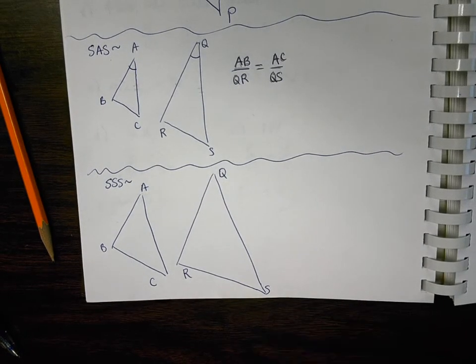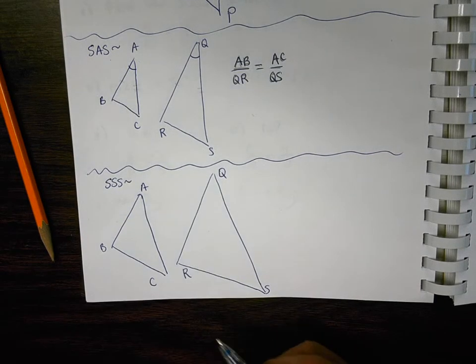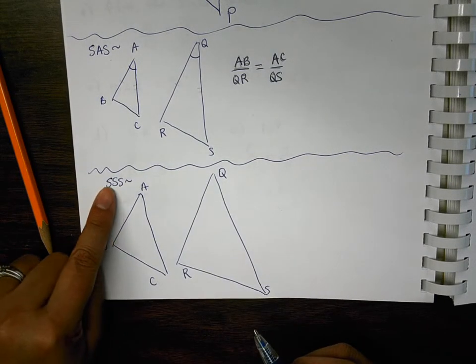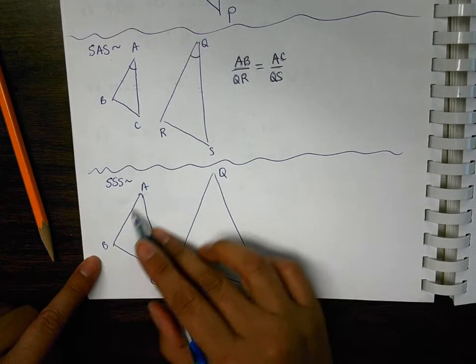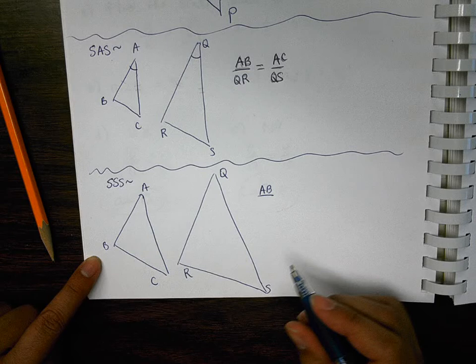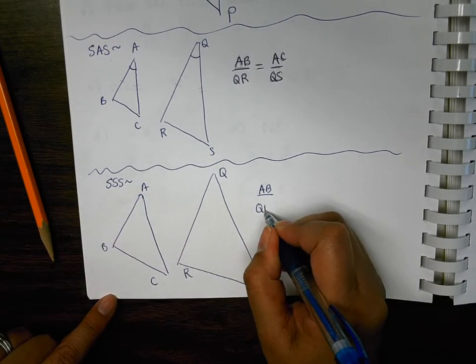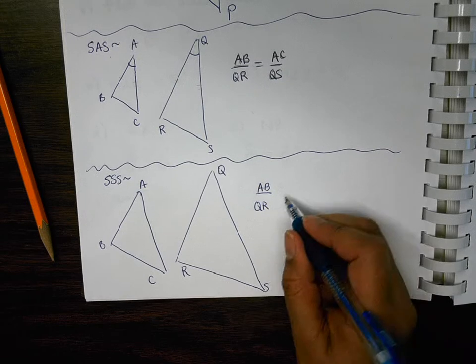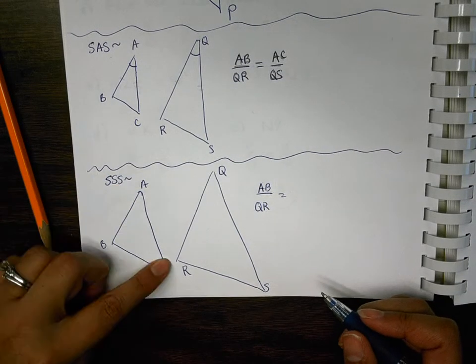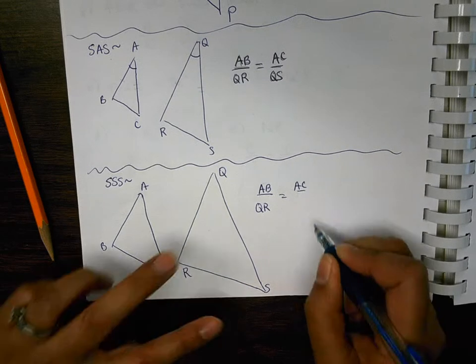No angle markings on this one because we're not using our angles, but how many proportional side lengths do I need? 3. So I'm just going to go in order. AB over what? QR equals AC over QS.